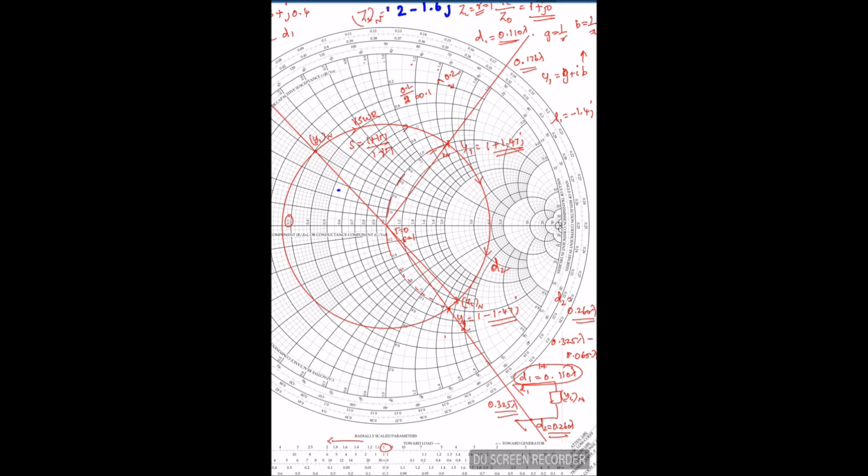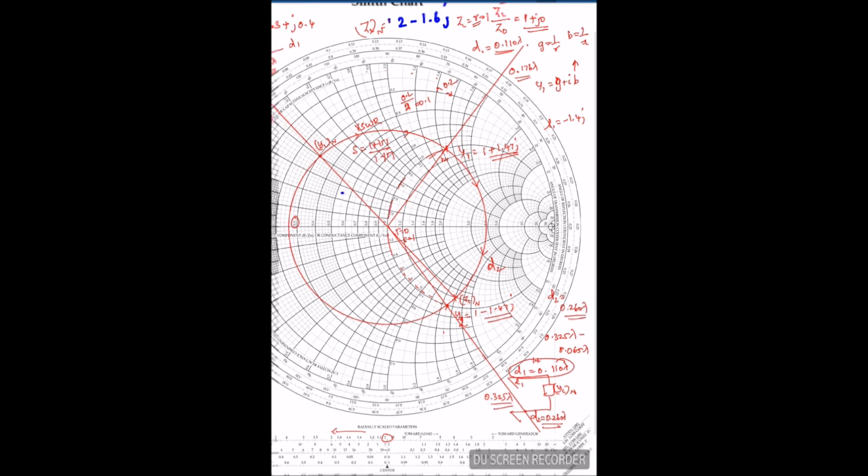From the VSWR circle I move along to the r equals 1 or g equals 1 circle. I get the two points y1 and y2. Moving from here to here, the wavelength is nothing but the first distance. Moving from yL to the other point gives d2. So I get two distances. For practical purposes, I will always choose d1, as it is lesser.